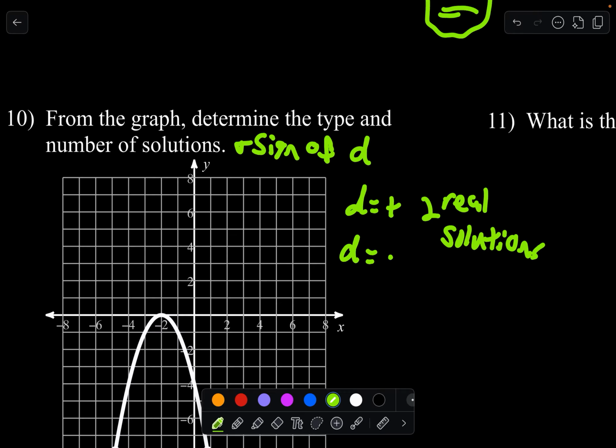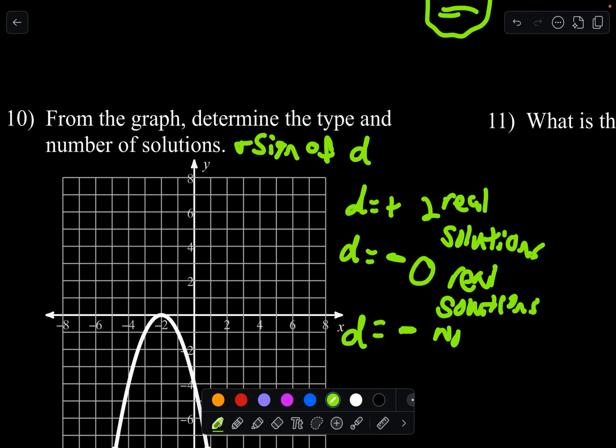If D equals negative, we have 0 real solutions. And if D equals a negative, you have no real solutions.